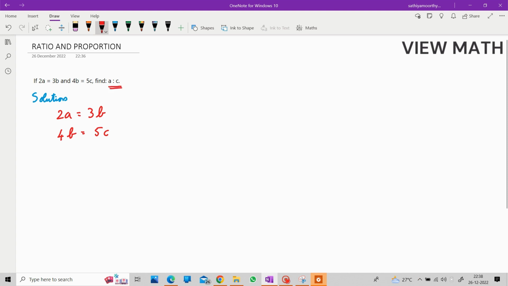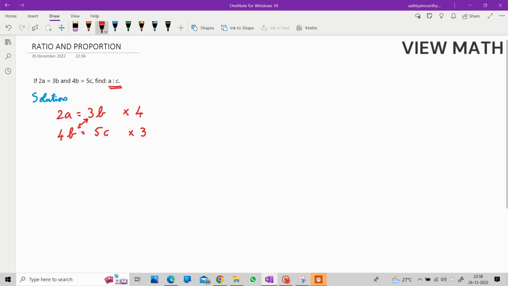So in order to combine these two ratios, I need to make these two values same and only then I can combine the two ratios. So in order to make the same, I'm going to multiply the first equation by 4 and the second one by 3.